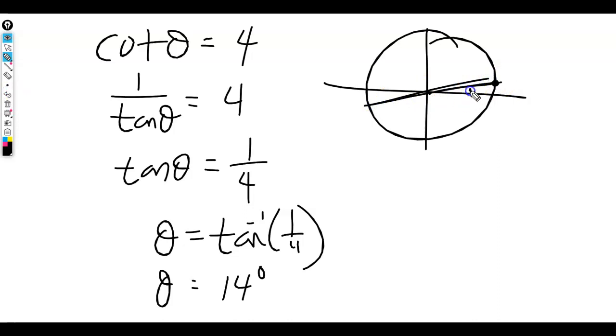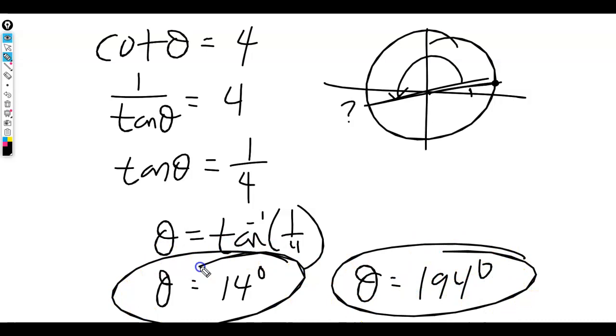So if this is 14 degrees, how can we find out what angle this is? Well, in this case, I think we can add 180 to it, right? So if it's too big, subtract 180. If it's small enough, then just add 180 to it. So if I add 180 to that, I'm going to end up with 194 degrees as the other answer.